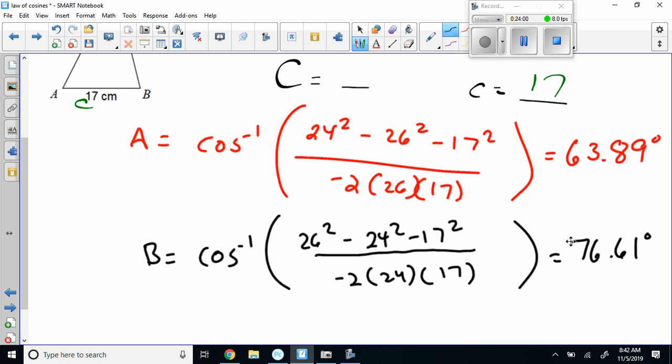Hey, all right, raise your hand if you got 76.61. All right, raise your hand if you got the other answer, 61.53. So are we supposed to do... Oh, majority rules.